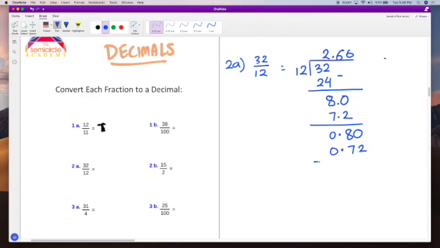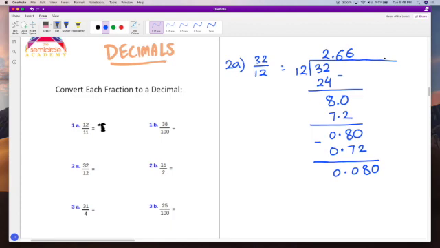Now this is very interesting because you can see that this thing is just going to be repeating, right? Because when I subtract this now, I'll get 8. And now with 8, I'll have to add a 0. All right, 12 can't go into 8, so I'll add a 0.